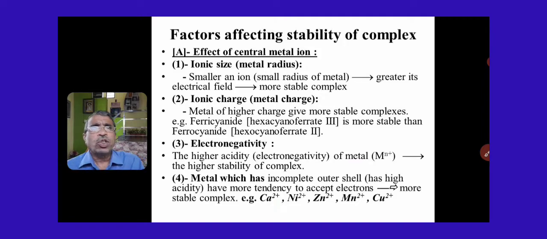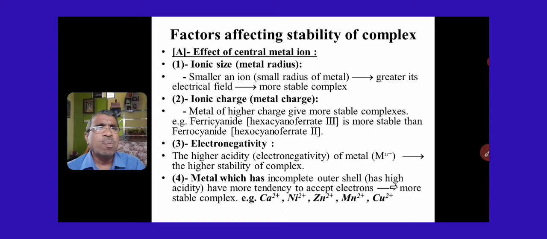Here also I have shown the various factors that affect the stability of complexes. The smaller an ion, the greater is its electric field and the more stable the complex is. Metal of higher charge give more stable complexes. This is what I have said.